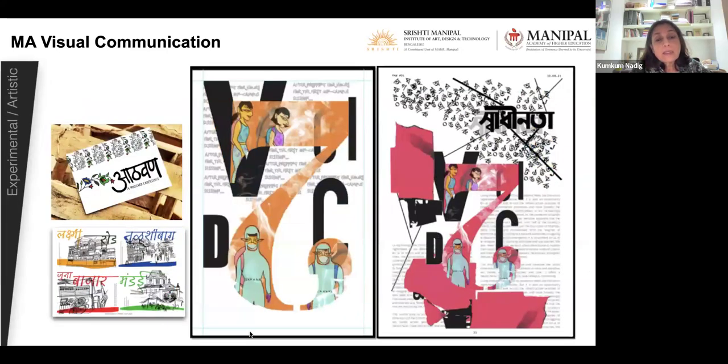And the last slide is about, again, doing experimental and artistic work. These students come to Srishti to hone their artistic skills, but then they merge it with the designer skills, following the design process, and thereby achieve a very unique visual language in their work.